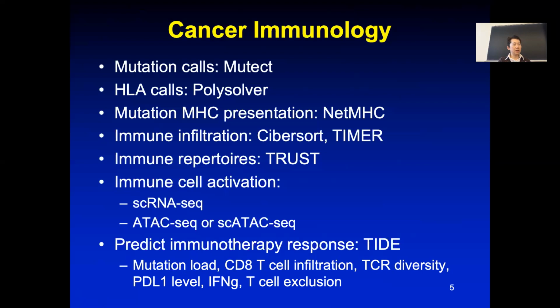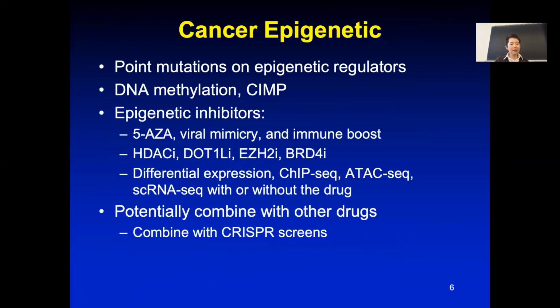PD-L1 level and interferon gamma level tell us whether the immune system made any attempt to attack the cancer cells. And also whether the tumor has other suppressive immune cell types preventing the T cells from infiltrating the tumor. In these areas, there are still a lot of unknowns, and so I would imagine in the coming years we'll see a lot of updates.